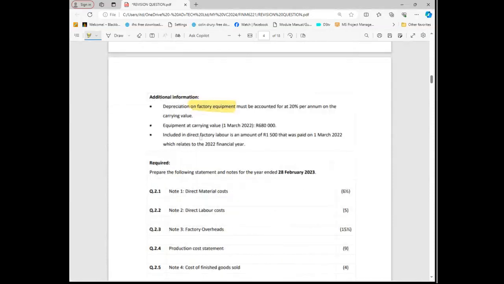They say included in the direct labor, there is an amount 1,500 that was paid on the 1st of March 2022, which relates to the 2022 financial year. Okay.